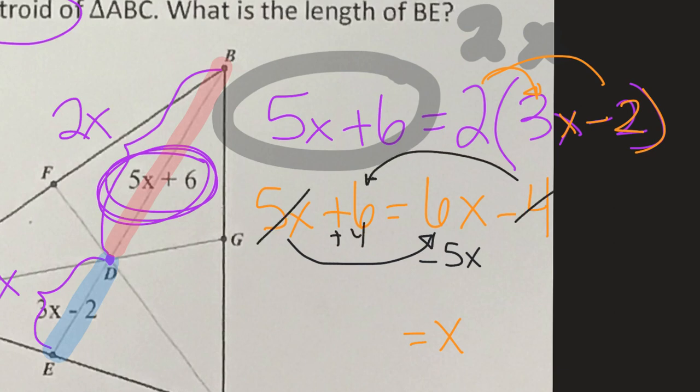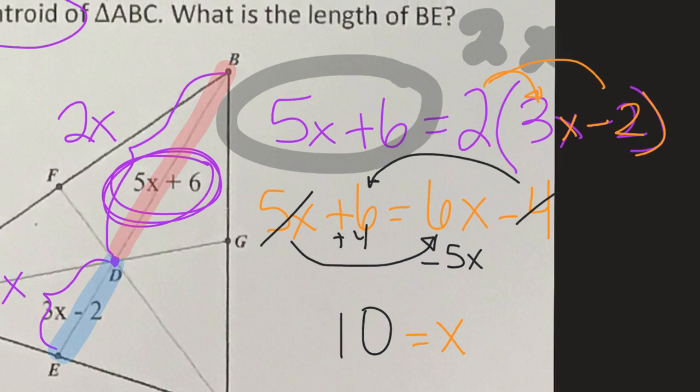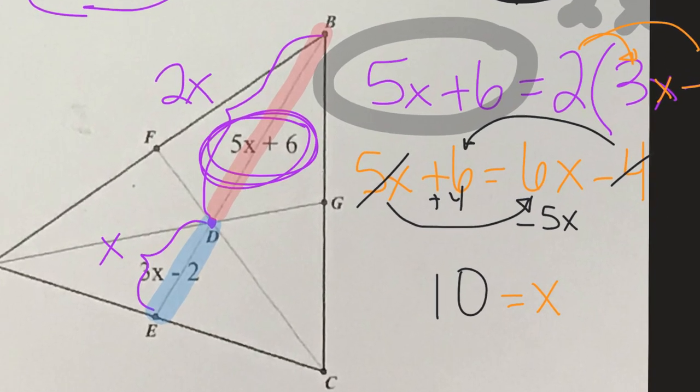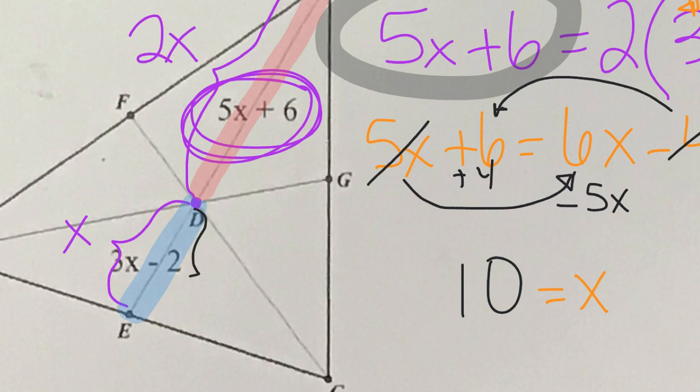So what's 6 plus 4? 10. Oh, and x equals 10. I don't have to do anything else except for x equals 10. So now it says, what is the length of BE? So let's plug your x back in. What is 3 times 10 minus 2?